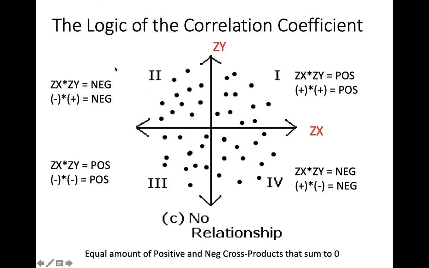However, we've got roughly the same amount of cross products that are negative, because we've got scores in this quadrant, where we've got a negative z on x and a positive z on y. So when we take a negative times a positive, we get a negative, and same thing in this quadrant. On balance, we've got an equal amount of both positive and negative cross products, and those ultimately sum to zero. So the same formula captures that we've got zero relationship between these variables, because the sum of cross products is equal to zero.